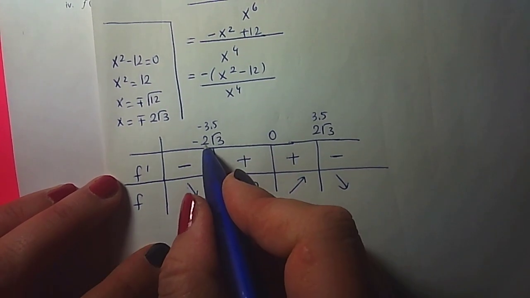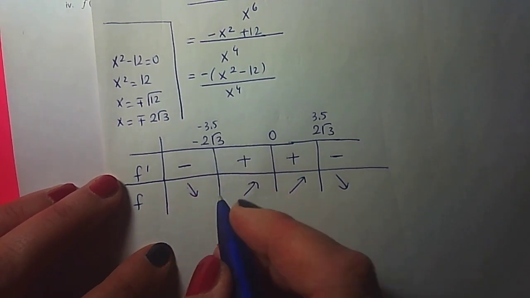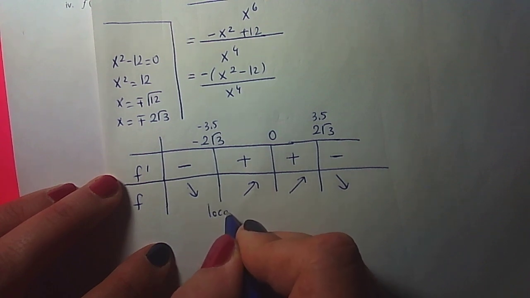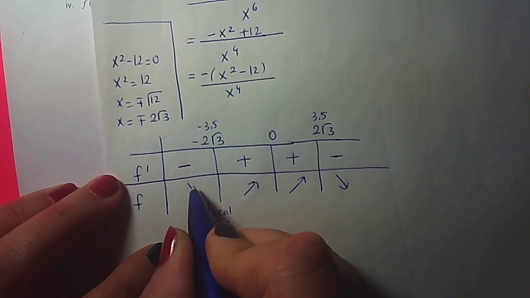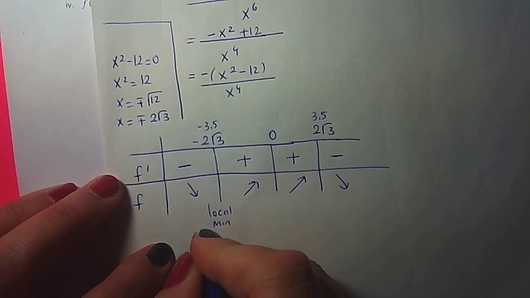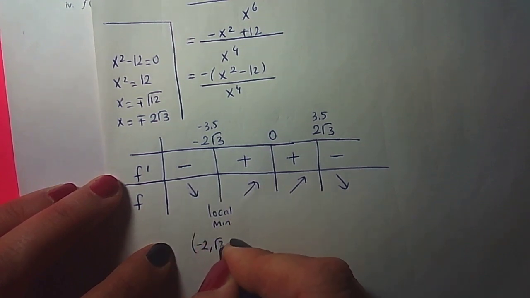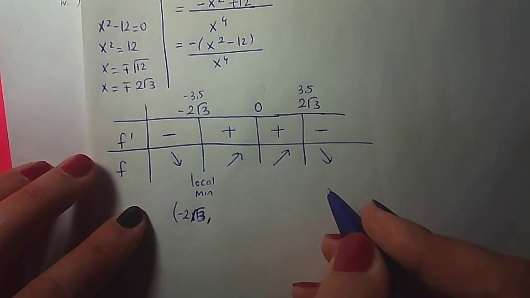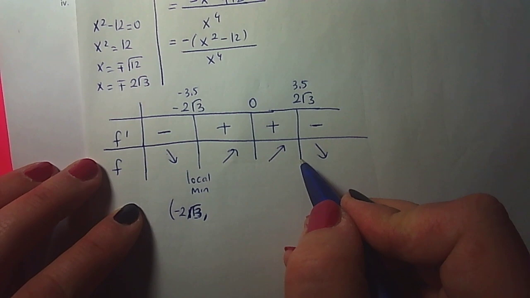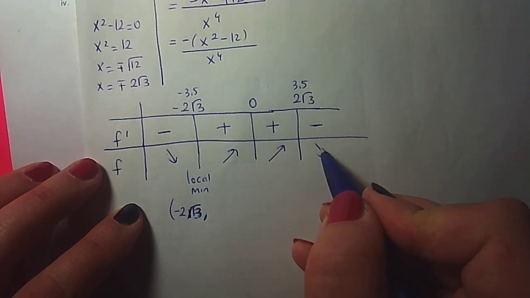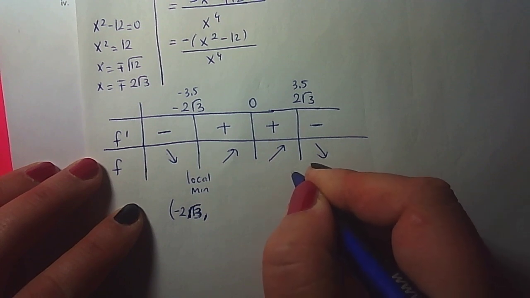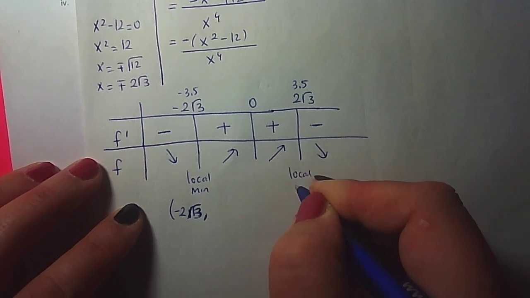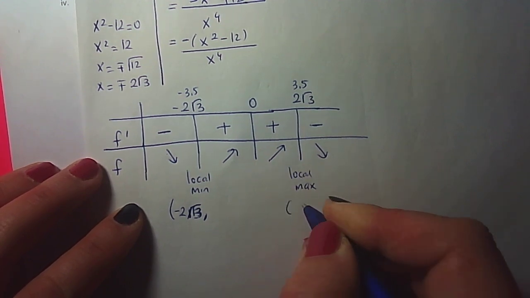So it looks like at negative 2 root 3, we are going to have a local minimum here because it's changing from decreasing to increasing. Okay, and also here it is changing from increasing to decreasing at 2 root 3, and we have a local maximum point there.